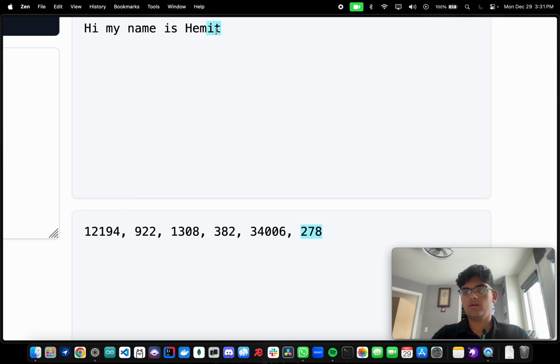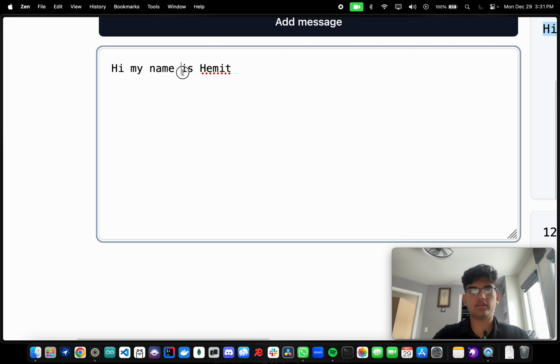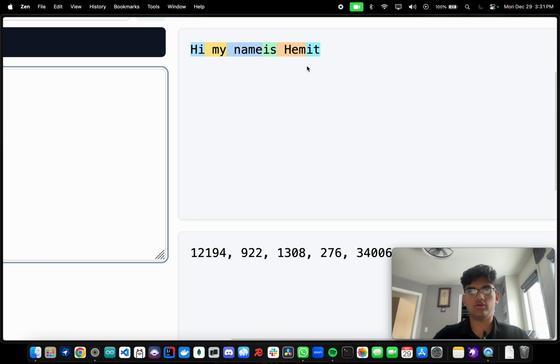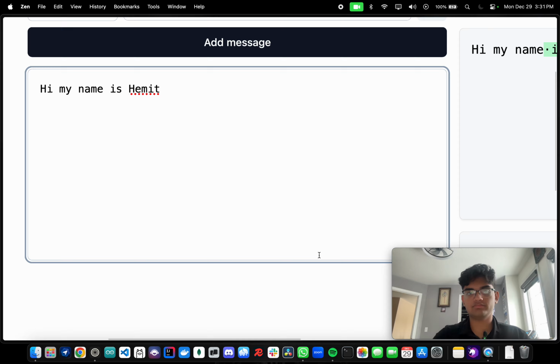And then conveniently, when you add these two together, it makes up the word Hemet. Spaces are also counted within the tokens. You see that little dot just represents that specific space. And if I didn't add that space, then it would have its own sort of token, a different token ID.